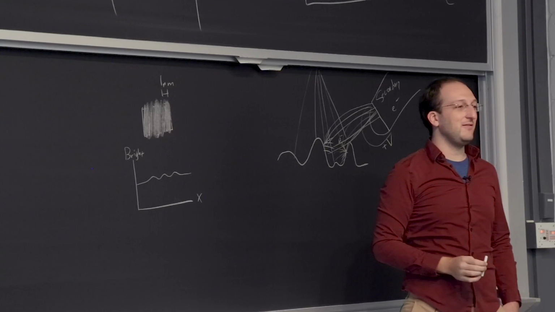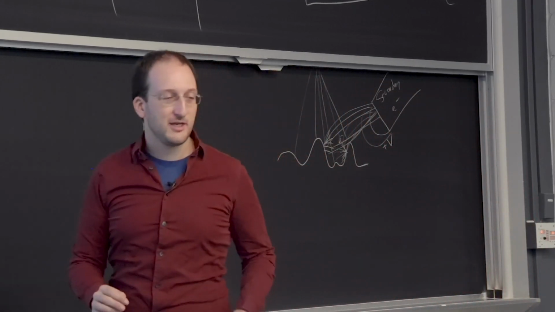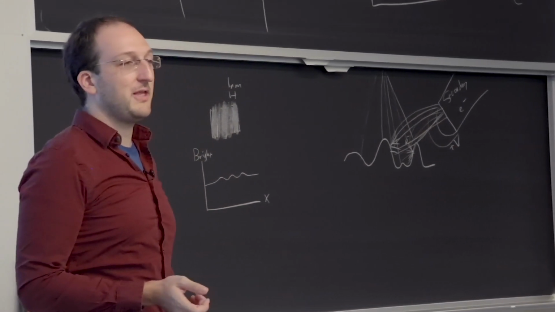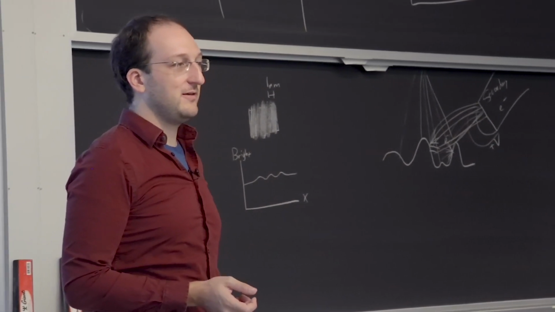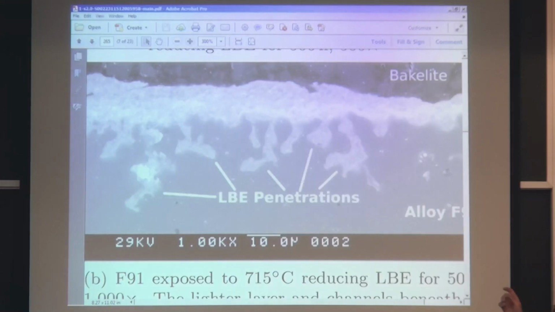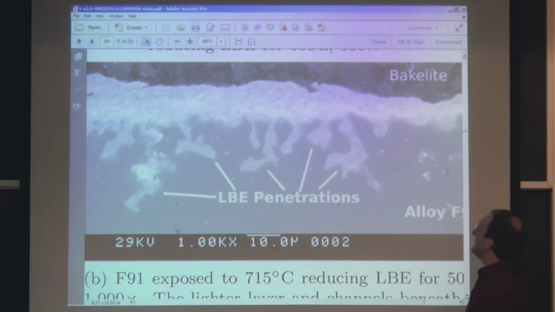That's technically resolved at the level of 1 nanometer. So the best you can do for crisp objects in this thing is about 20 nanometers. Not bad. It's like something that's a few thousand atoms on a side. Pretty cool. And so what you can see in here is liquid lead bismuth penetrating into this stainless steel.